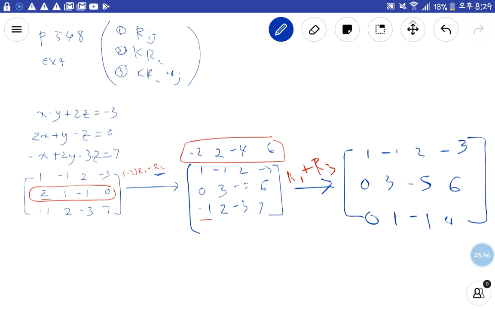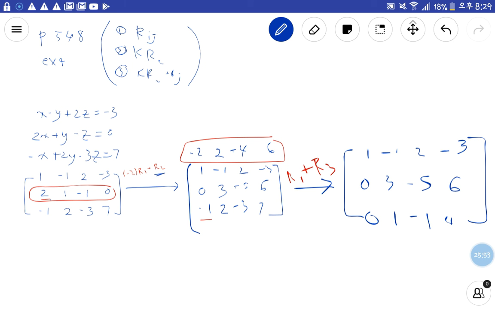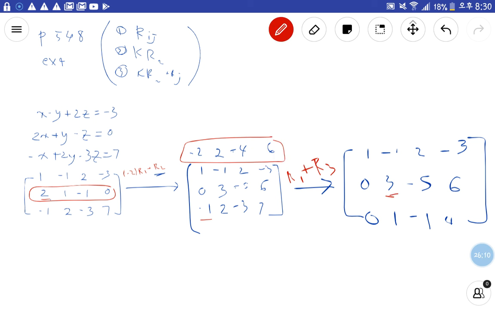Now I'm going to go next. All right, so my goal right now is to make this number 1. When we are looking at the row echelon form, my second row, second column, this number needs to be 1. When I look at my augmented matrix, I found out that, oh, that number is 1 right there.